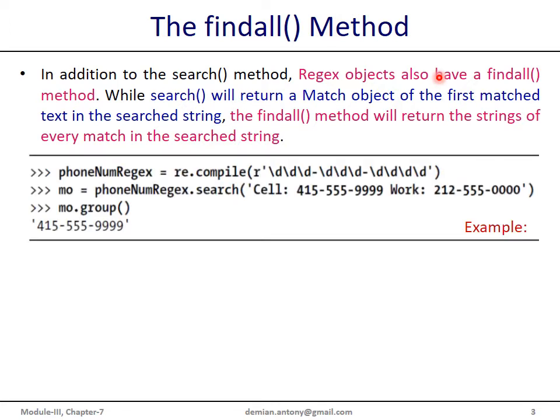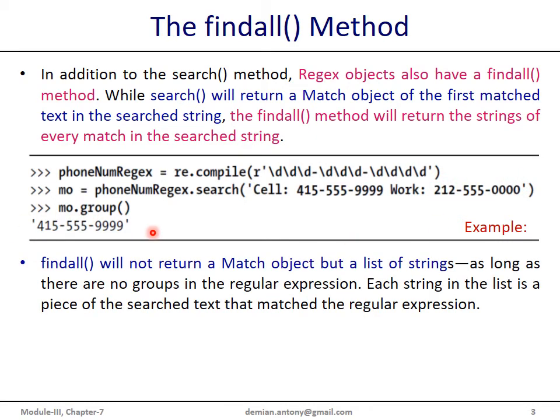Let us take up the example of search. Here we have two occurrences of a telephone number, but still the search will return only the first occurrence. If we write this as a first at this place, definitely this is returned with the group method.